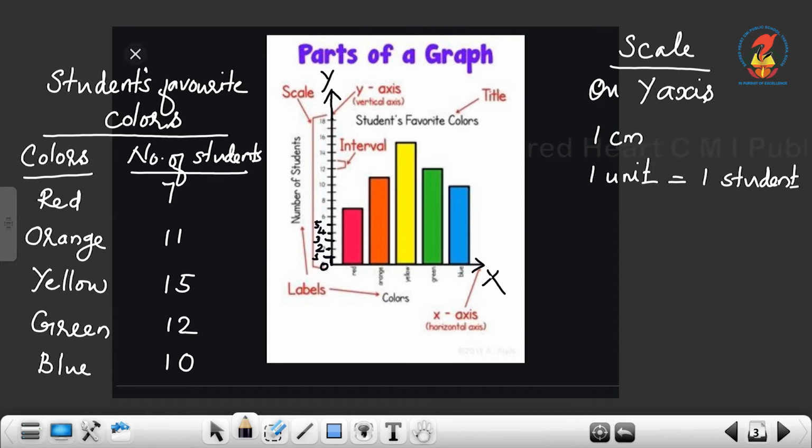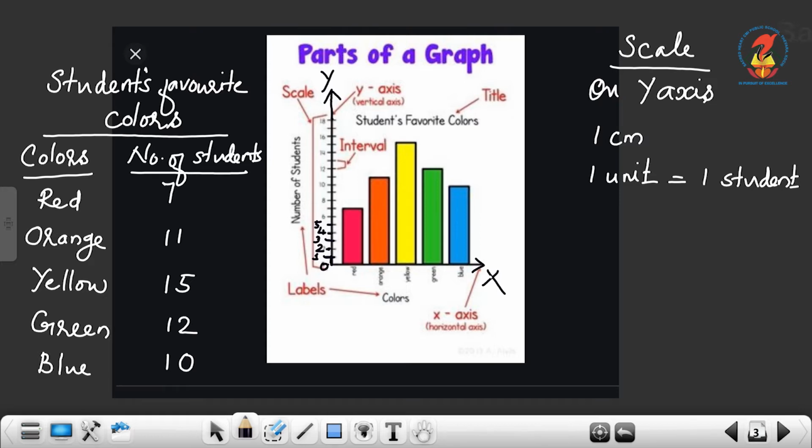So this 1 unit or 1 centimeter we take as 1 student. The maximum value is 15 and the minimum is 7. The meeting point of the two axes represents 0, and then we mark 1, 2, 3, 4, 5, 6, 7, 8, 9, 10, like that.